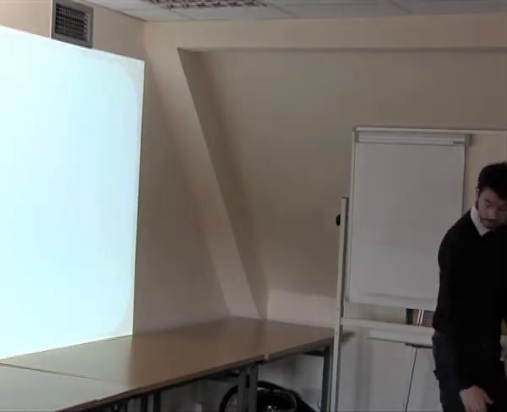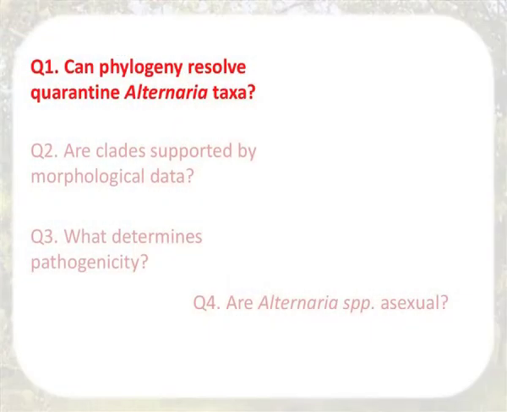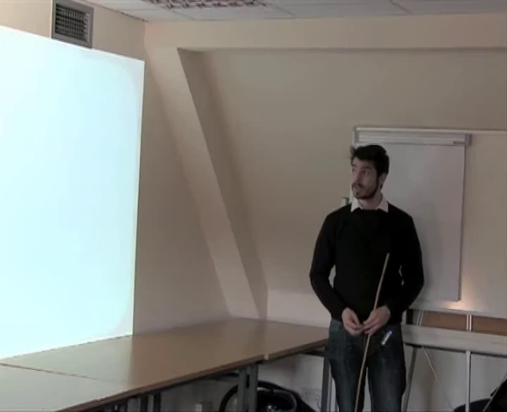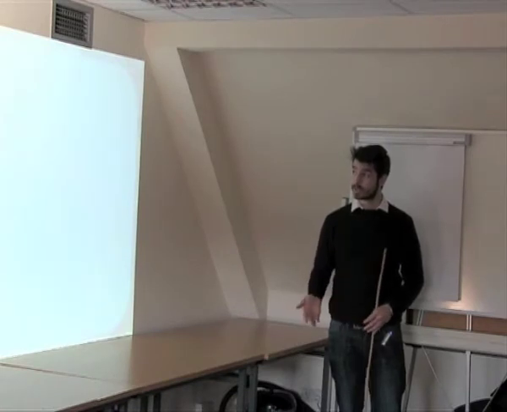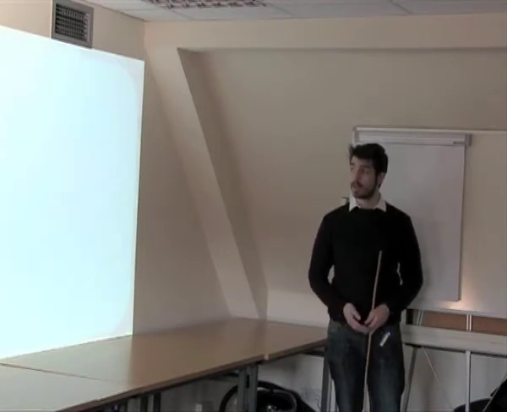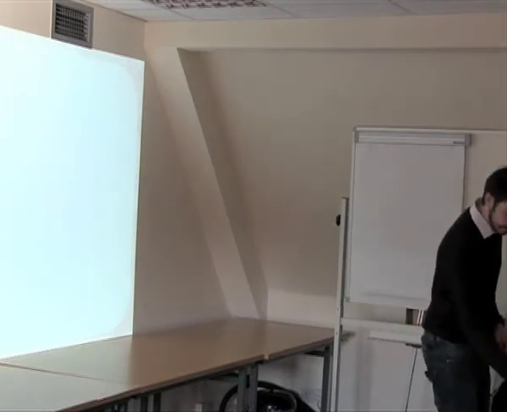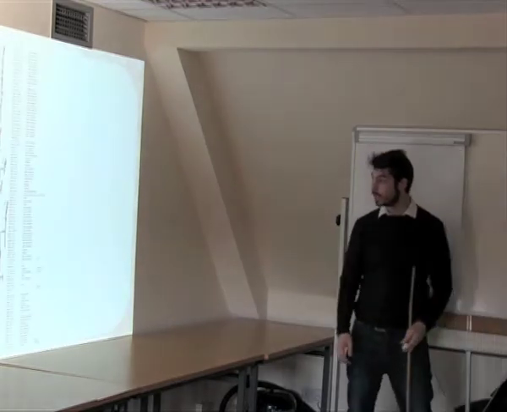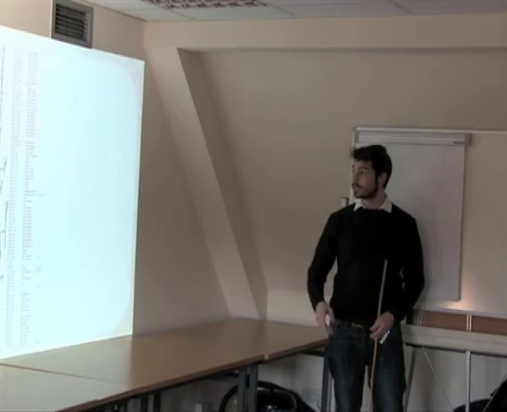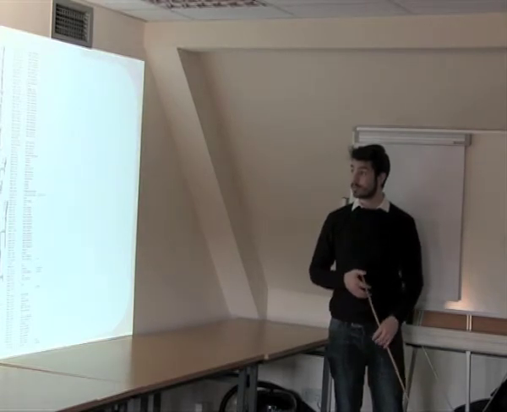Okay, so I can talk you through it. We started off by taking our culture collection of 116 isolates, and through sequencing across 6 loci, we managed to construct a concatenated Bayesian phylogeny for 5 of these loci.